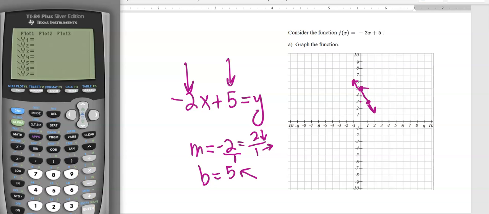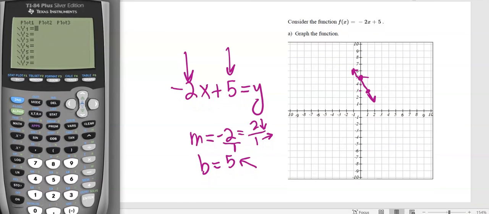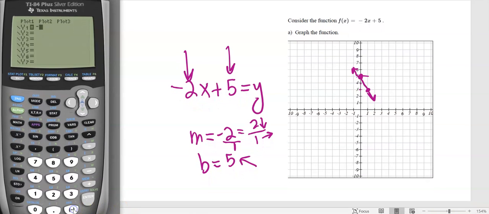A second way you can do this is you can use your calculator and you can put in negative. And notice when I put in the negative, I'm going to use this bottom button there. Negative 2x plus 5. Now, I can graph it and I can see it, but I can't graph it on my paper with the picture. Instead, I need some points. So I'll say second graph, and that gives me the table.